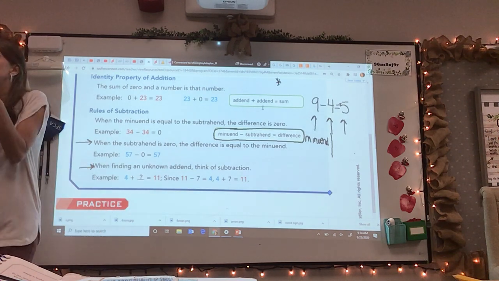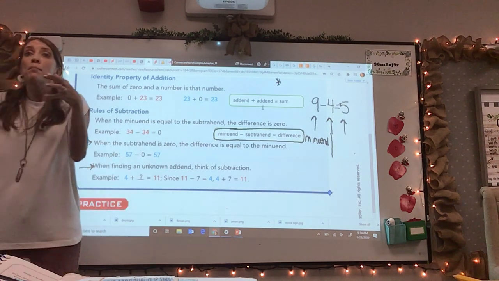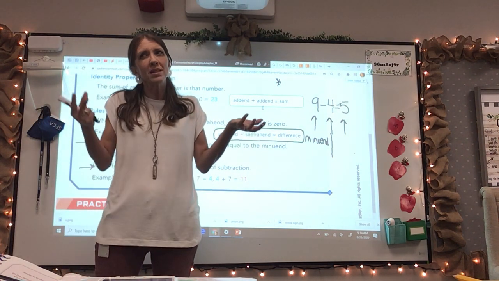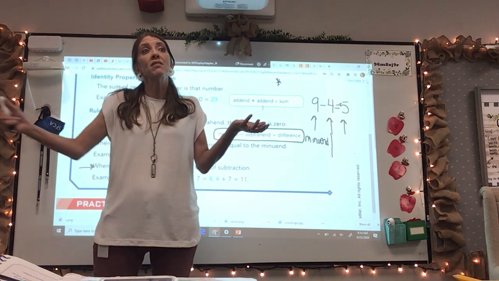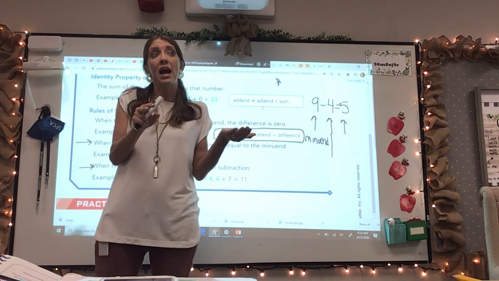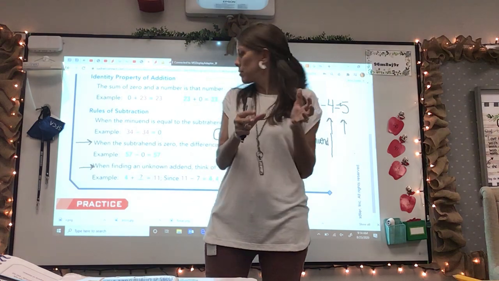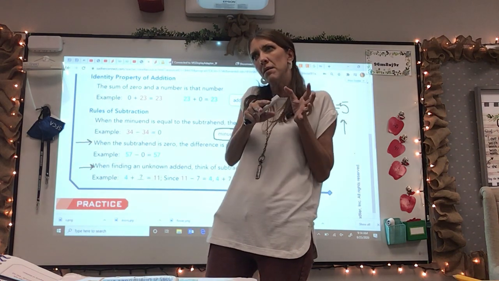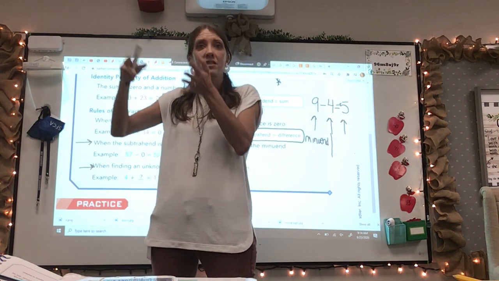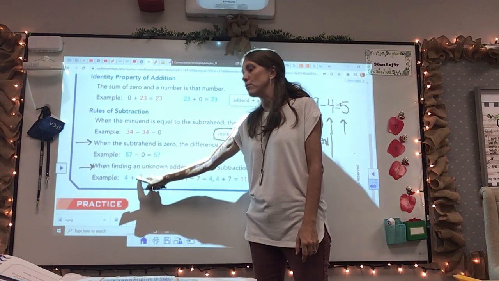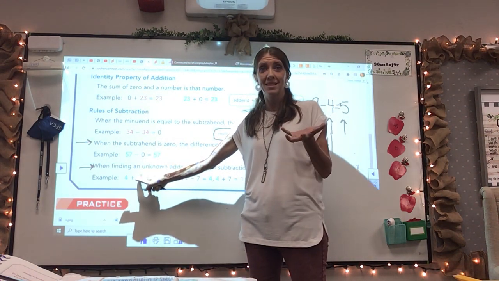If you have 4 apples plus more apples and you get 11 apples total, what's that missing number? You can think of the addition problem backwards as a subtraction. 4 apples plus how many apples equals 11 apples? You think 11 minus the 4 equals 7, right? 11 minus 4 will give you that number always, the opposite.